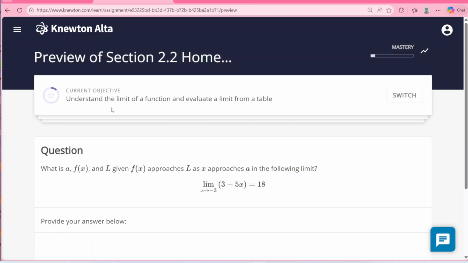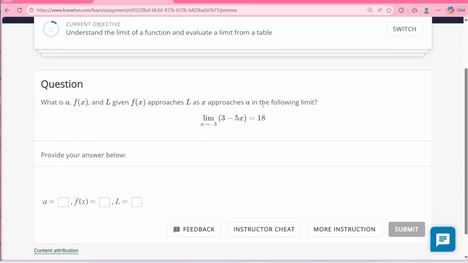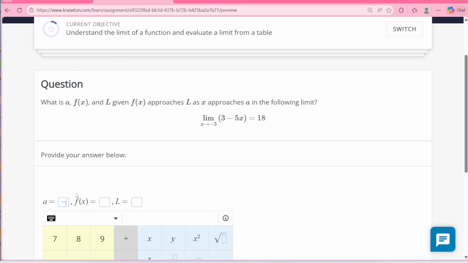Okay, all right, so back to more evaluating: understand the limit of a function and evaluate a limit from a table. So this is just asking, can you read the notation? Remember that a was the value x was approaching, so that would be -3 here. F of x is the expression after the lim notation. So the function we'd be plugging values into near x equals -3 is 3 minus 5x.